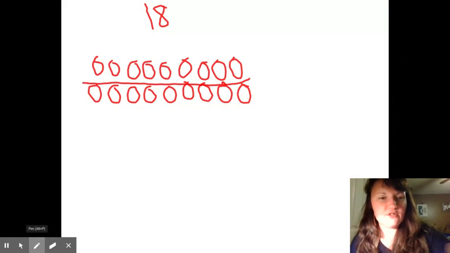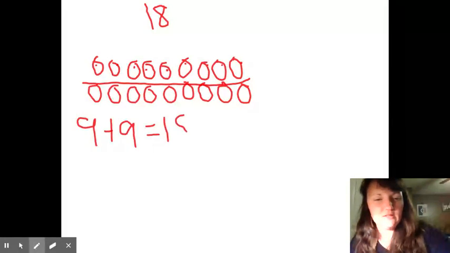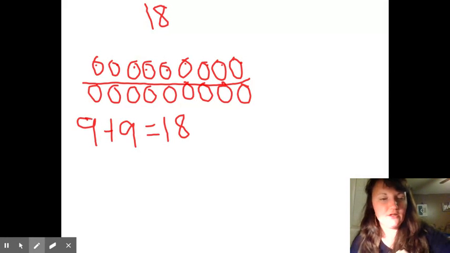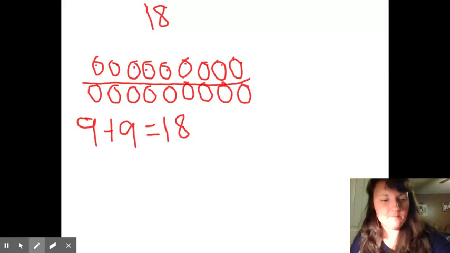Now, how many are in this row? 1, 2, 3, 4, 5, 6, 7, 8, 9. We have 9 plus 9 equals 18. That is another array. So go ahead and record that in your notebook. Okay. Now, do you see how I'm doing it? Now, that's 2 combinations so far.